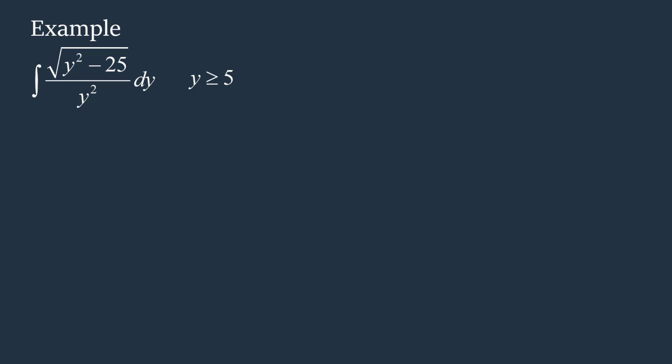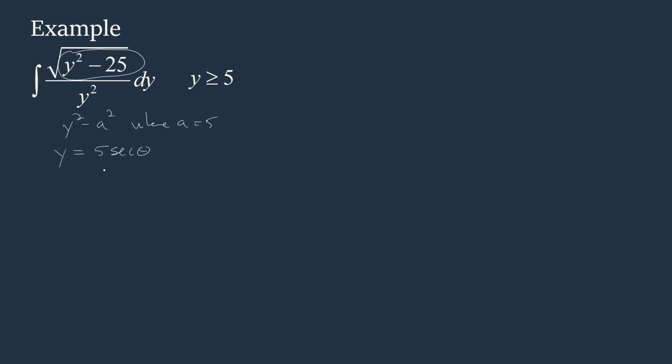That cries out to use trigonometric substitution. So I notice that the expression you see here has the form y squared minus a squared, where a is 5. So that leads right away to try the substitution y is equal to a, which is 5, times the secant of theta.